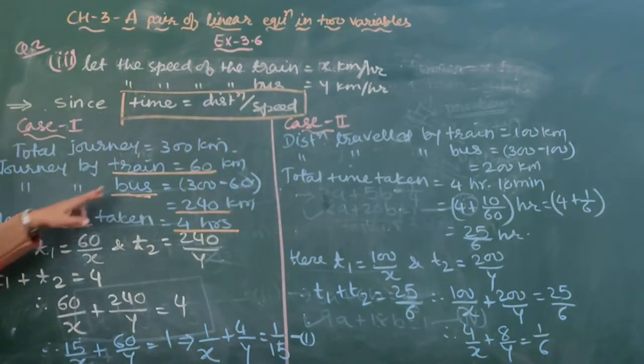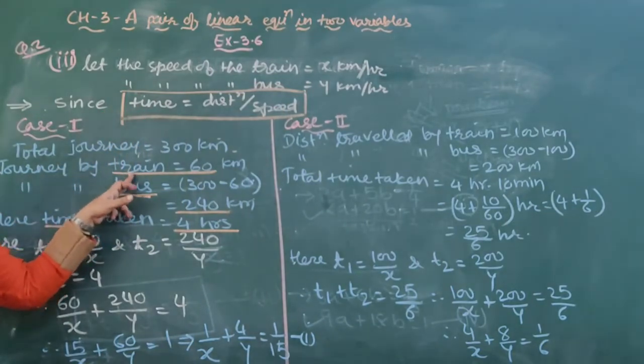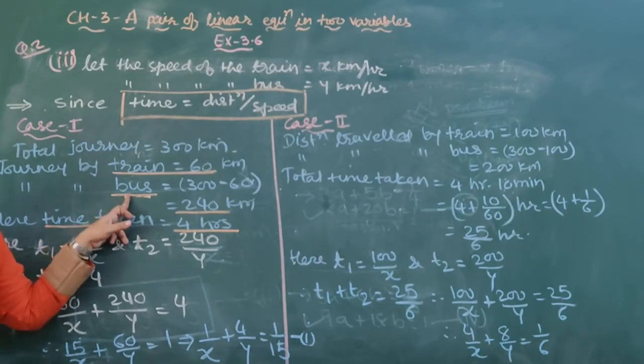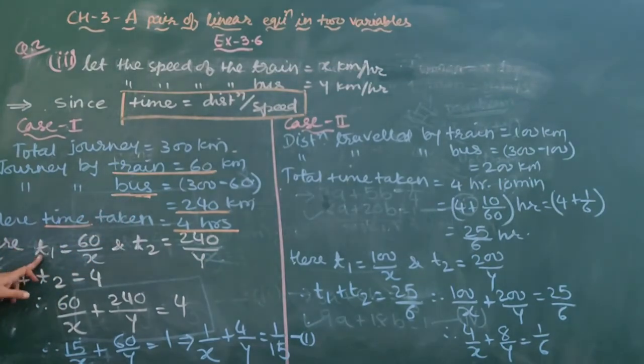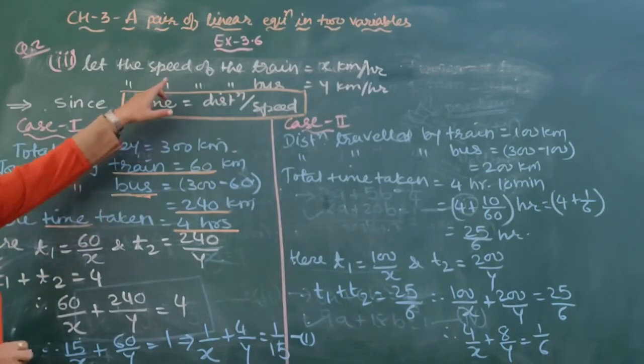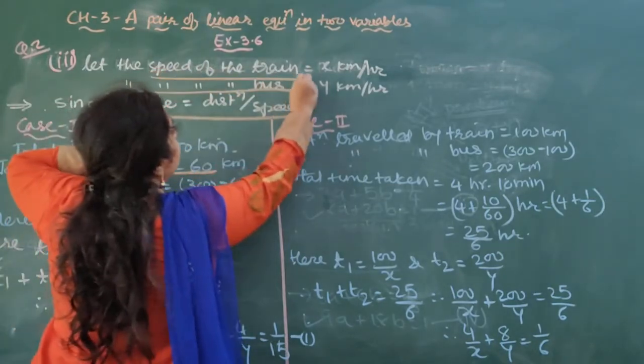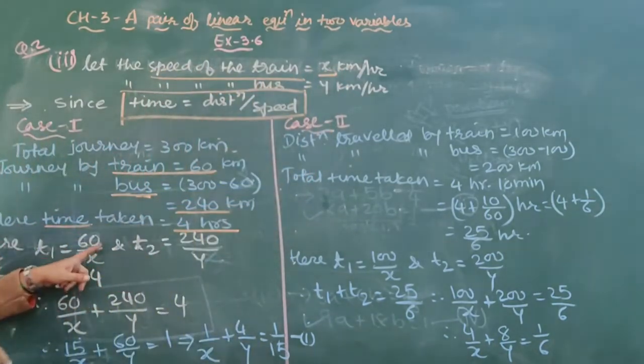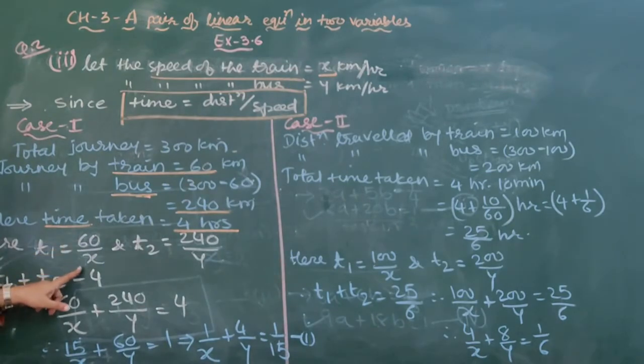So here T1 is related with the train and T2 is the time related with the bus. So T1 is equal to distance by speed. T1 is equal to distance travelled by train, 60, and the speed of the train, as we assume, is x. So T1 is equal to 60 by x.